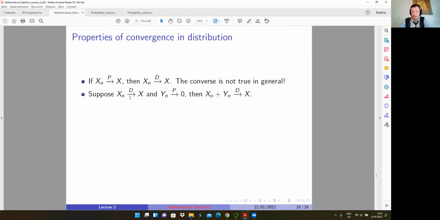Once we have one sequence xn convergent in distribution to x, and another sequence yn convergent in probability to 0, then the sum converges in distribution to x. This is something natural. If y converges to 0, then of course the other term converges in distribution to x.